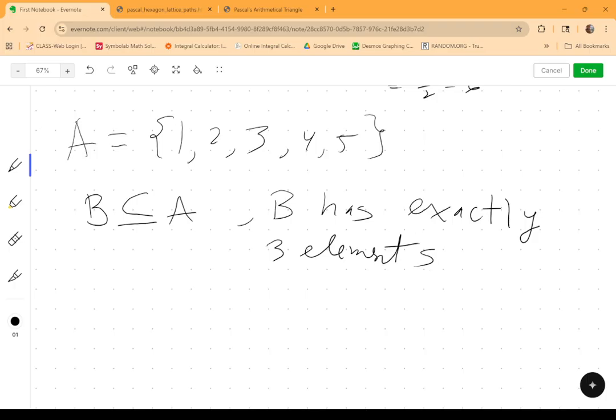I want to ask myself, how many different subsets do I have? Well, I can try to just enumerate all of them.